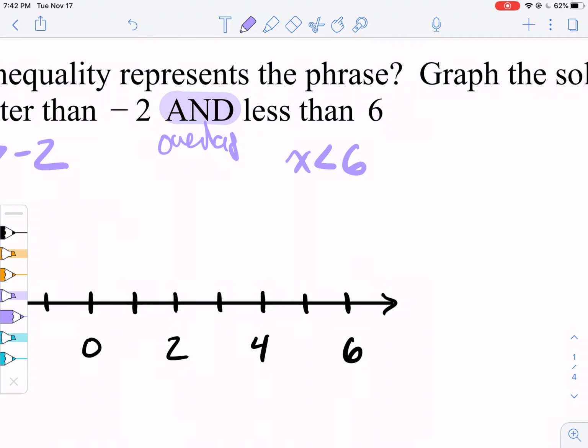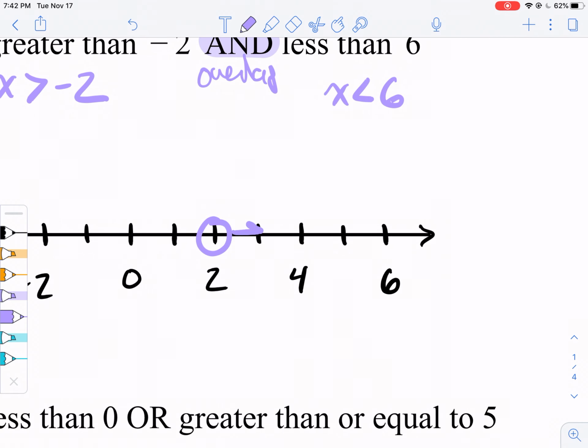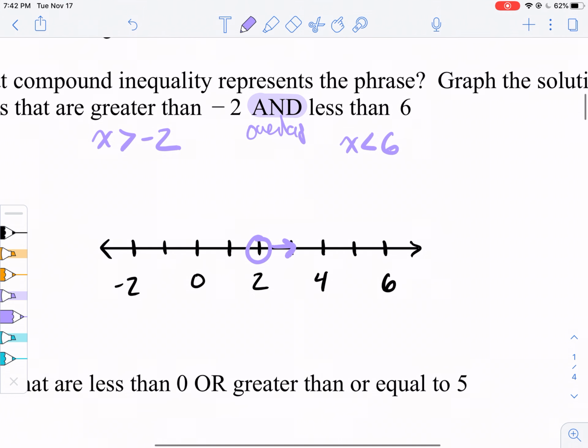So I'm going to find where they both go. So x is greater than -2 goes like this. Except my trick is I'm going to make it a little guy because we don't know where we're going, because "and" is where the overlap is. And x is less than 6, so a little guy going like that. And then you connect between them.